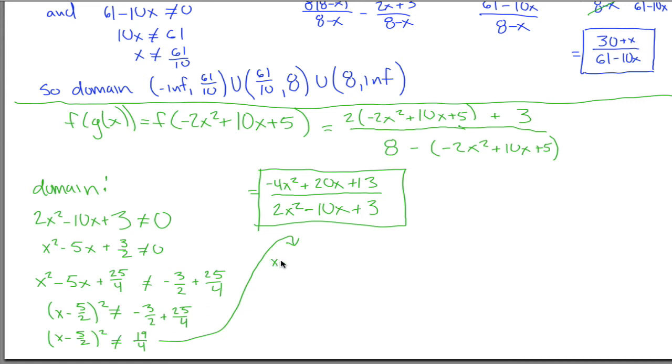Take the square root of both sides. Make sure you put in the plus or minus when you take the square root. Square root of 19/4 is the same as the square root of 19 over the square root of 4, which is 2. So what I get for my answers are x cannot be equal to, if you add 5/2 to both sides, 5/2 plus or minus the square root of 19/2, or I could say 5 plus or minus root 19 over 2.